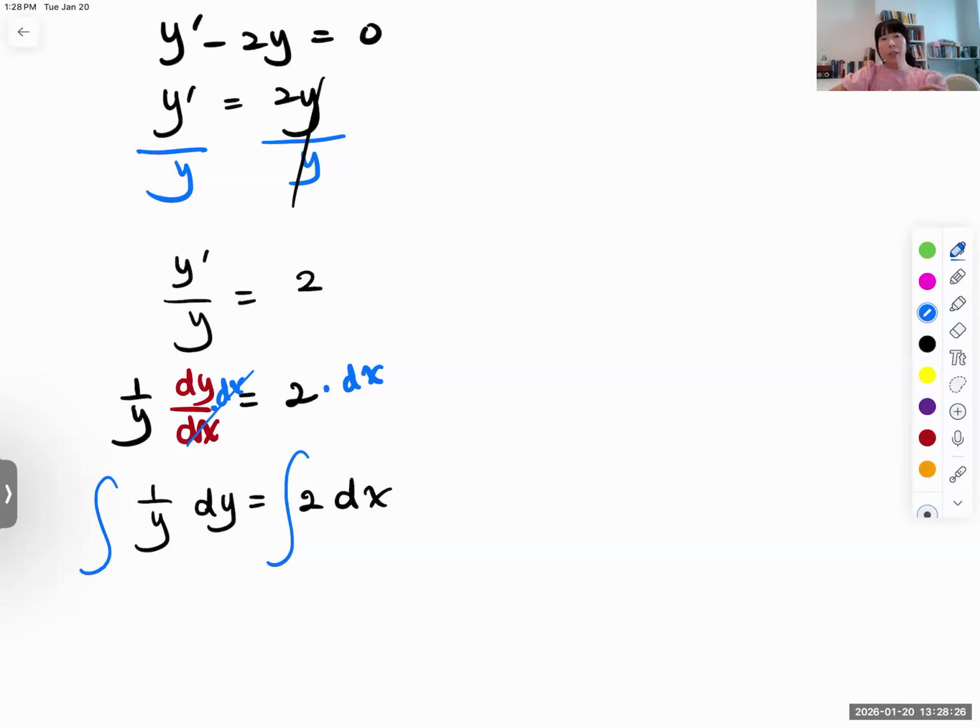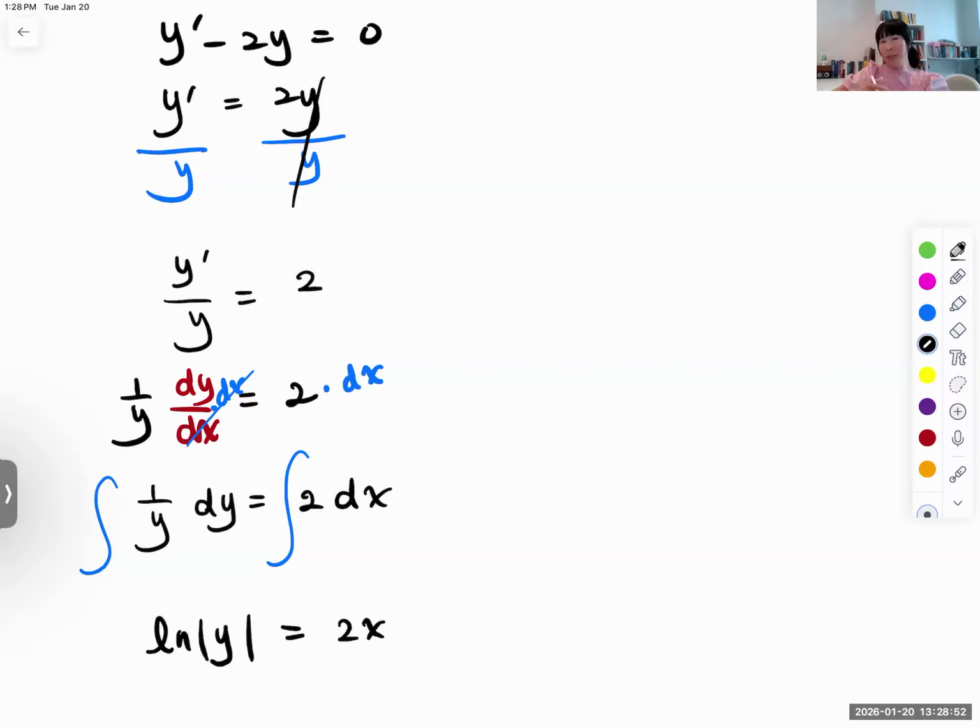Okay, now let's integrate. The antiderivative of 1 over y, what do you get? Bingo, ln y, right? Good. So that will be ln absolute value of y equal to 2x plus c, right?